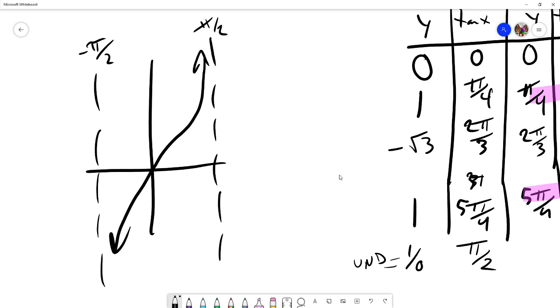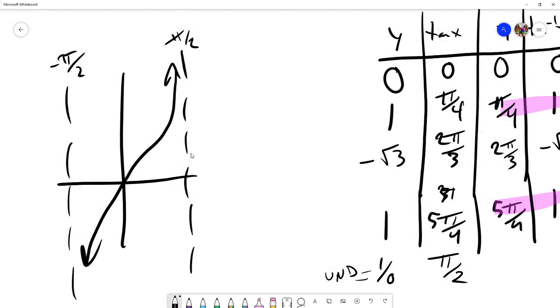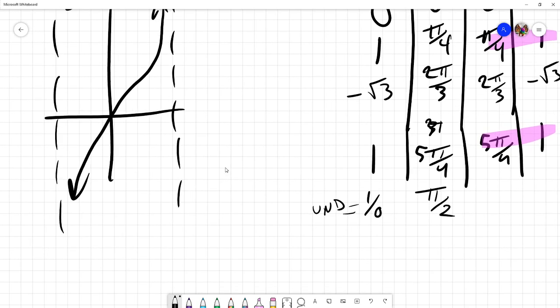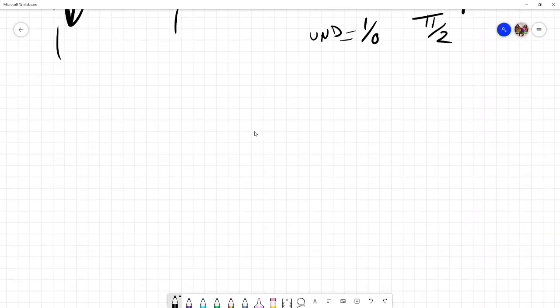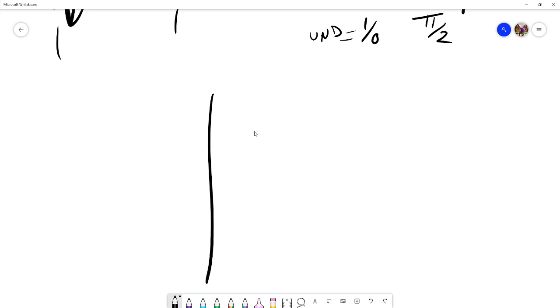So essentially what we have going on here is this same problem, but now our asymptotes are going to be horizontal asymptotes instead of vertical. So this is going to become rather interesting already, right?